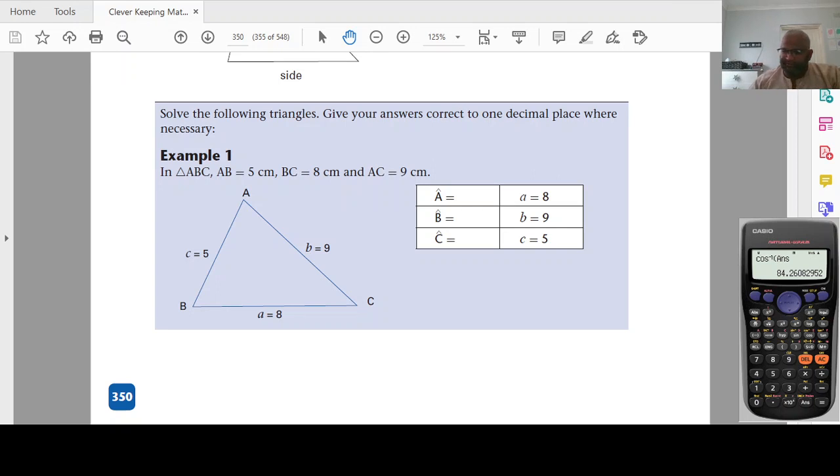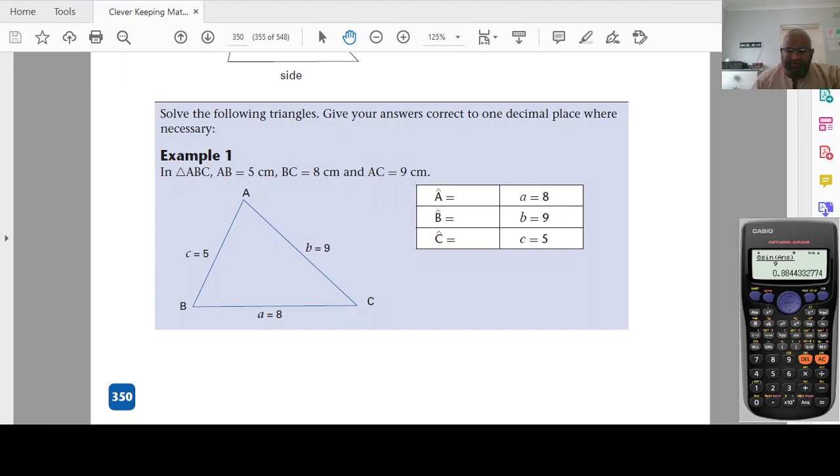Okay, so let's go. We get 8 sine, the last angle calculated was 84,3. So yes, we go 8 sine of that answer over 9.